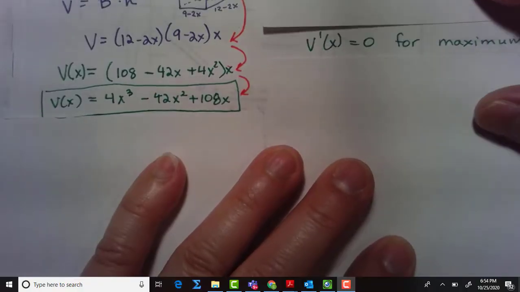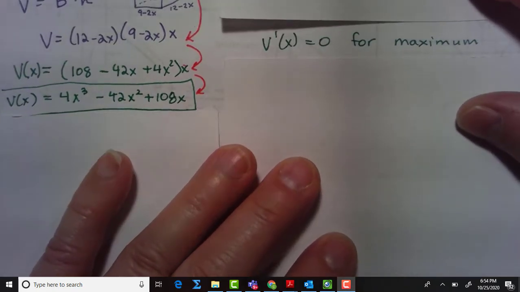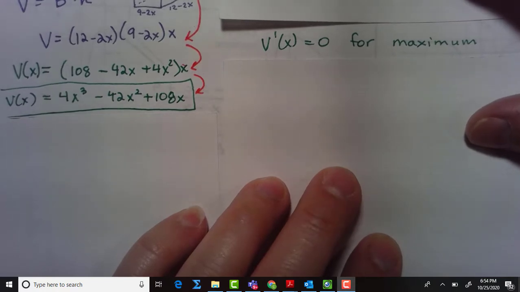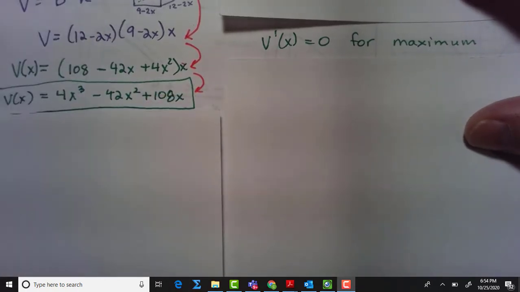Now we know that what we need to do is take the derivative of that and set it equal to 0. But there's something we should think about before we continue, and that is, what would be an acceptable domain? What is the largest we could cut our corner?